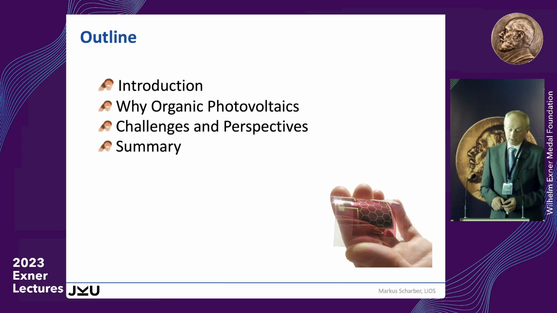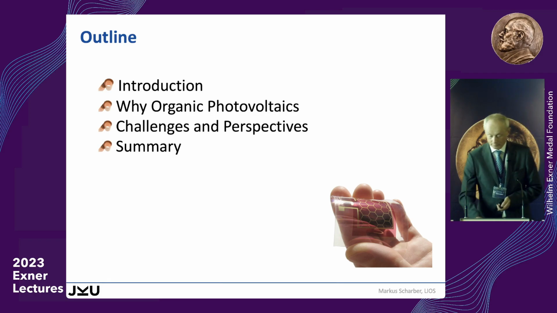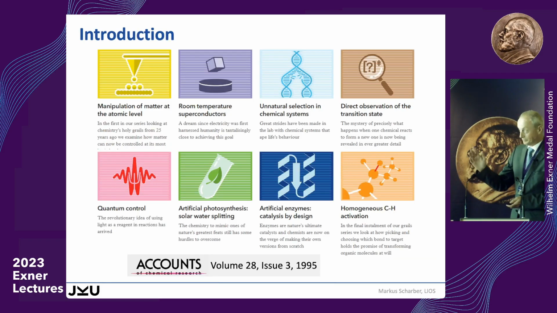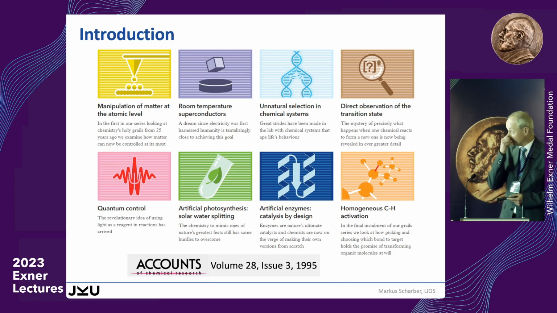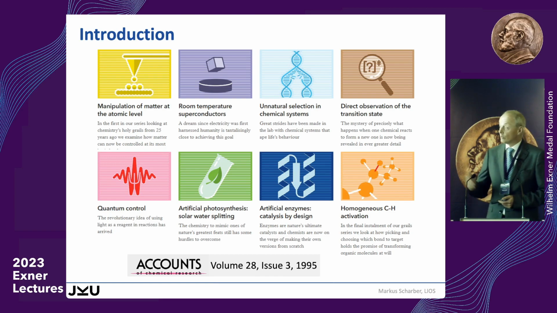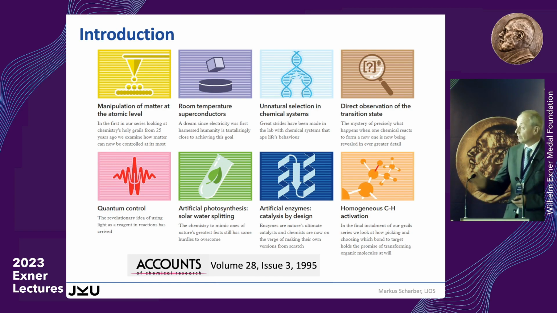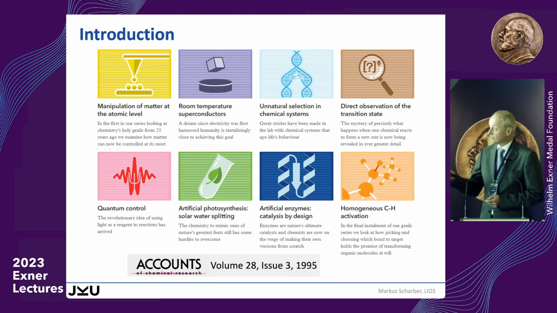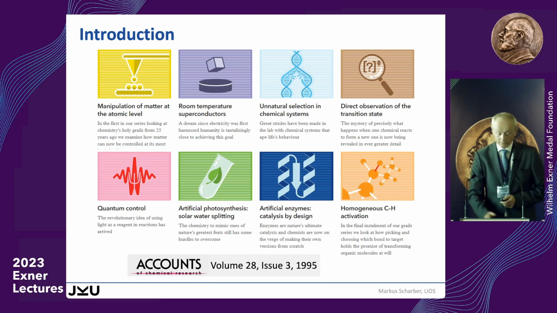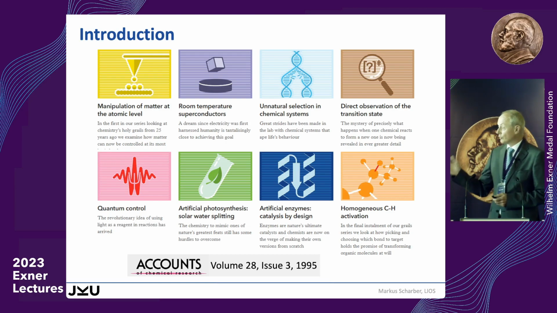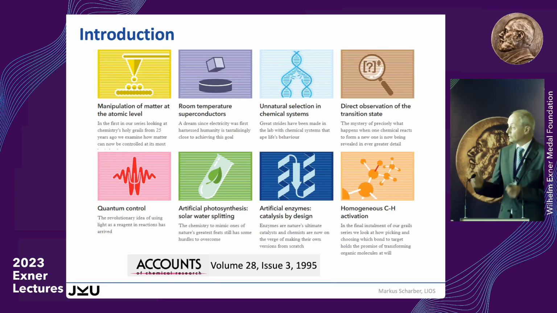So I would like to start with this slide. In 1995, Accounts of Chemical Research published a set of papers discussing the holy grails in chemistry. At the end, you can see various different representations: room temperature superconductivity, or direct observation of electronic transitions, control of quantum phenomena, and so on and so forth.